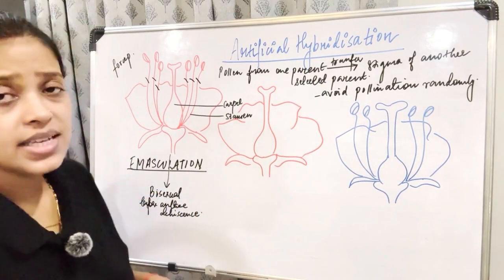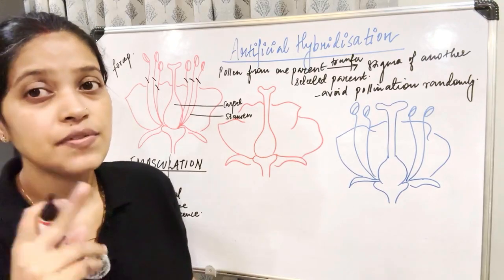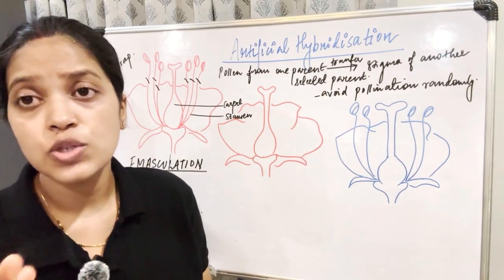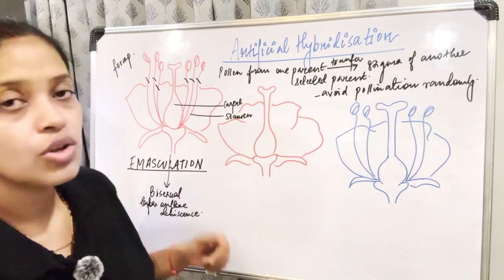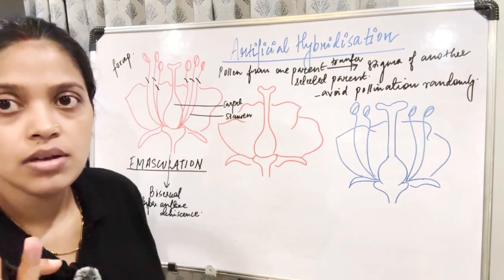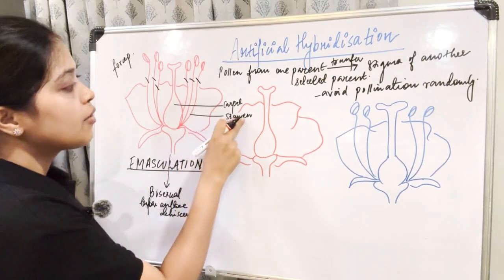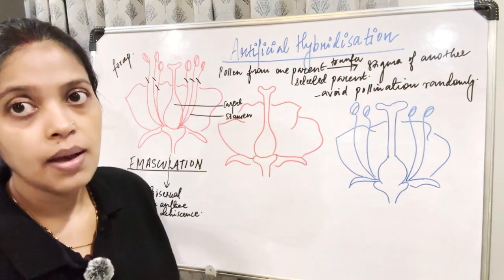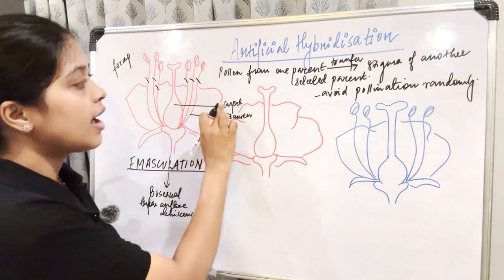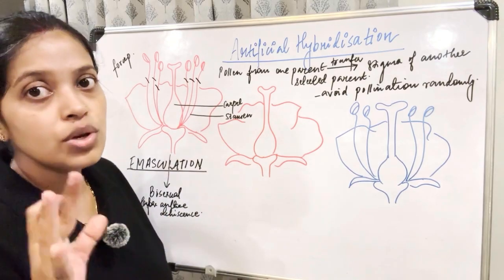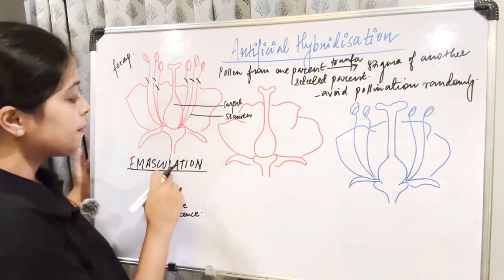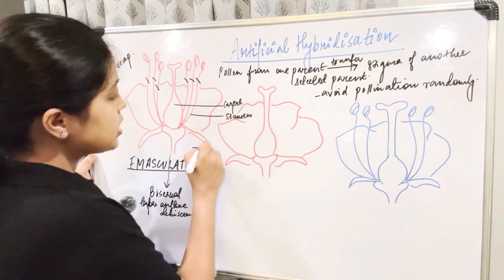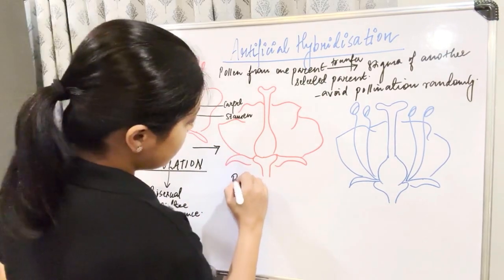We do this in a bisexual flower, but in case of a unisexual female flower, the emasculation step is not needed. Understood? Because there we don't have the stamen, it's a unisexual female plant, so we only have the carpel. So there is no need for emasculation.